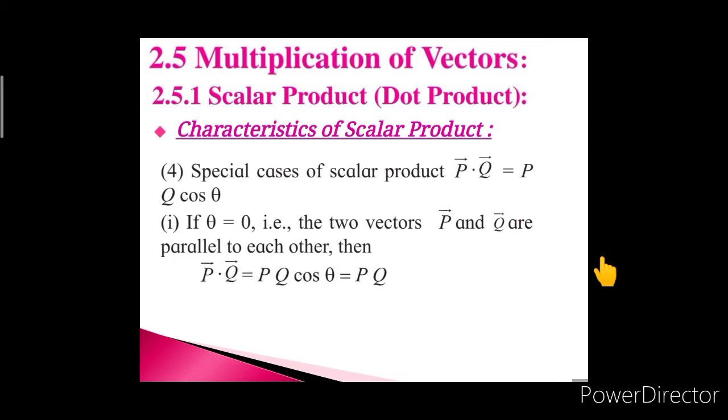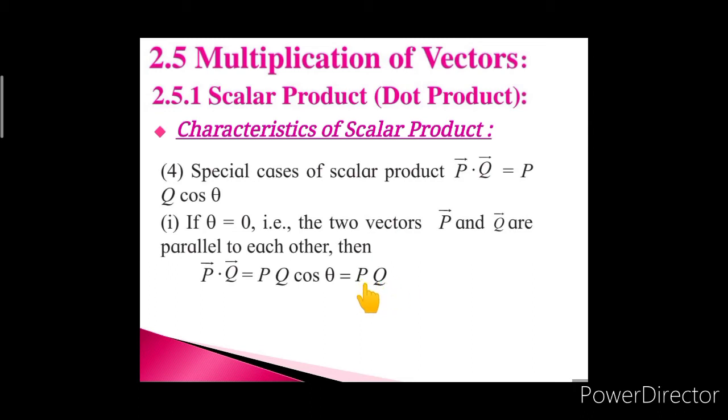Here we have to substitute the value, as vector p dot vector q is pq cos theta. The value of theta is 0 and hence the value of cos 0 degree will be 1. 1 is multiplied with pq and we get the result as pq only.